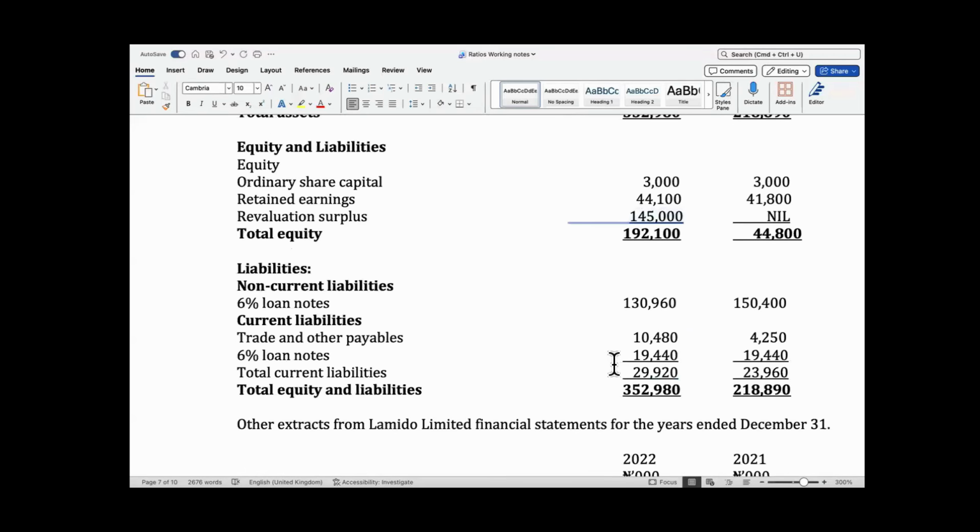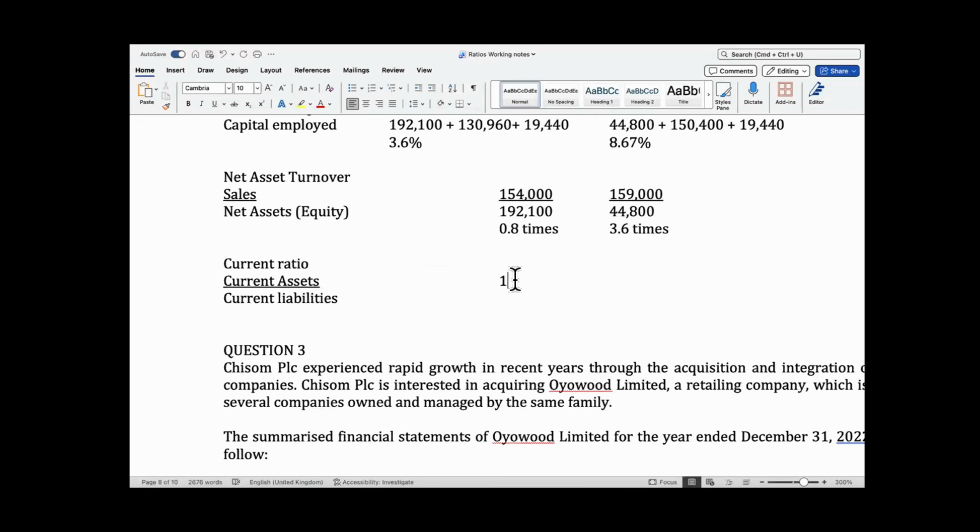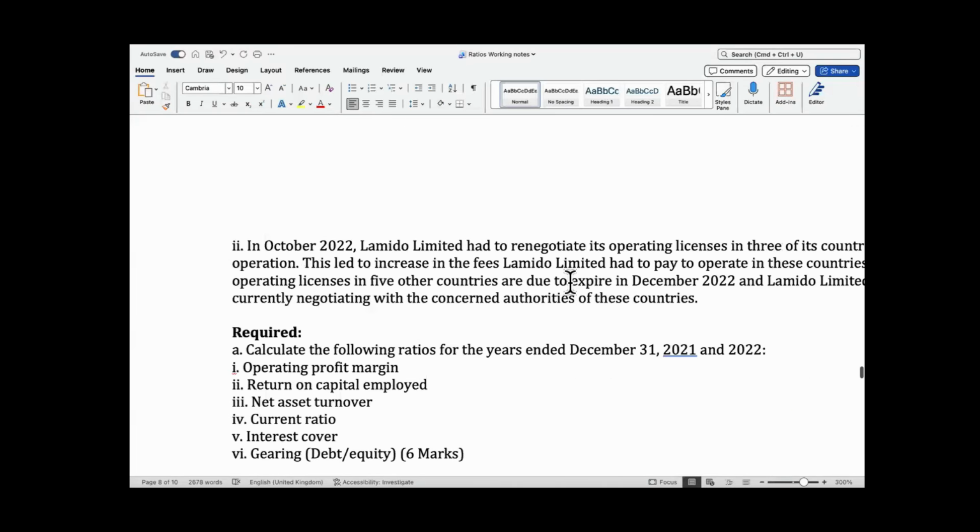What's current liabilities? 29,920. And in 2021: 28,890 and 23,960.